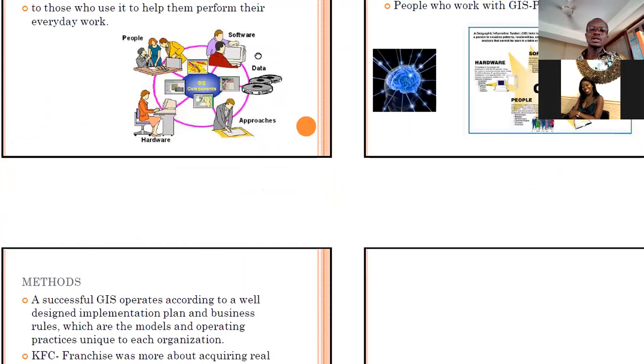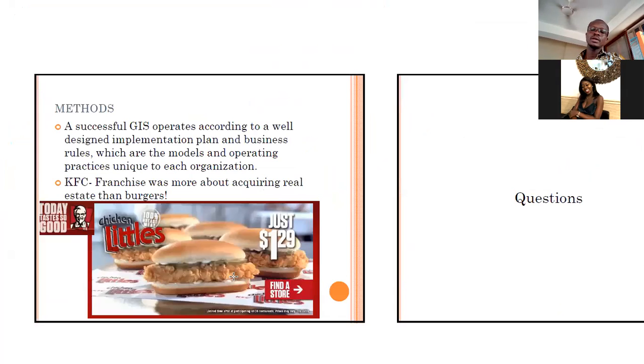So I think we talked about methods, but I put this burger here. Don't start feeling hungry because I put this here. But there's a reason for this. This is KFC, isn't it? Or Burger King. I think it's probably either Burger King or KFC.